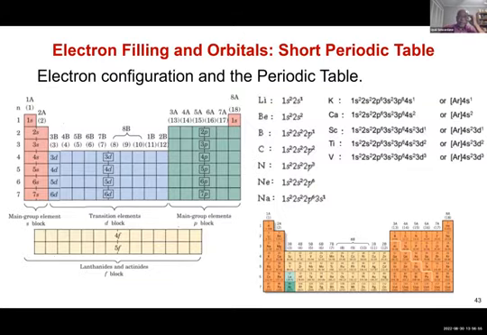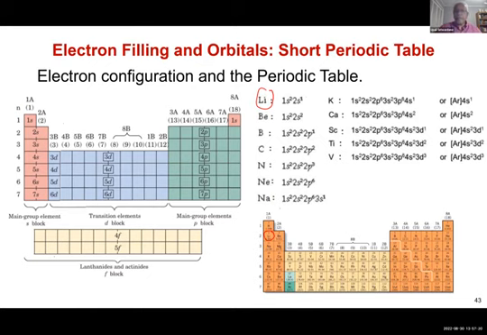Now, if you look at the periodic table, this is lithium electronic configuration right here. How do I get that? Lithium is right here. There are 3 electrons in lithium.